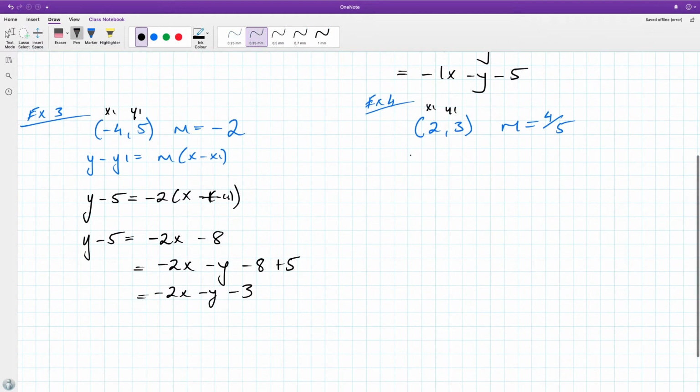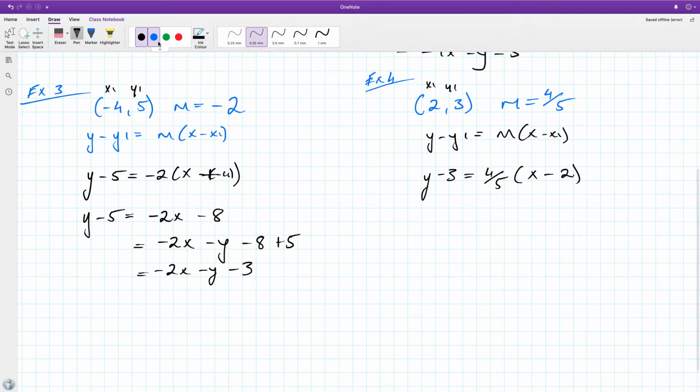x1, y1, so that's y minus y1 equals m times x minus x1. That's y minus 3 is equal to 4 over 5 times x minus 2. Now, the first way you can do it is you can say you're multiplying across by 5 because 5 is on the bottom line. So you multiply this by 5, and that by 5, and they knock off.